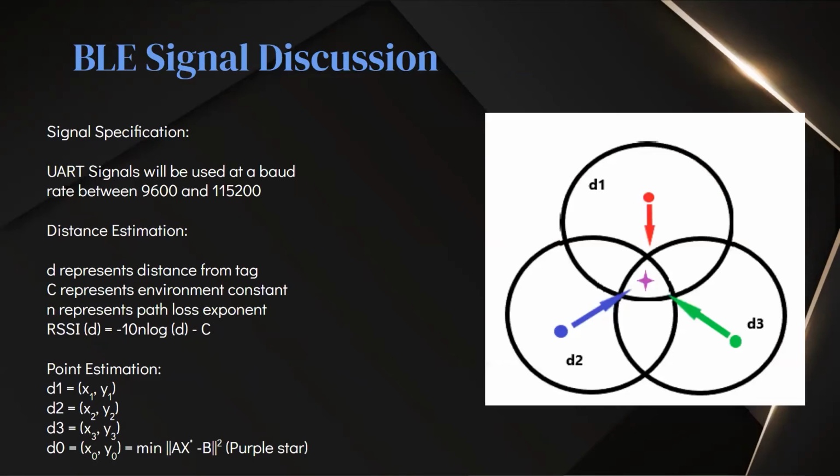So in the implementation of trilateration, there's some things that happen with the signals and their paths. We'll be using a distance estimation formula to calibrate the distance in the real world to the measured signal that the Bluetooth is receiving.